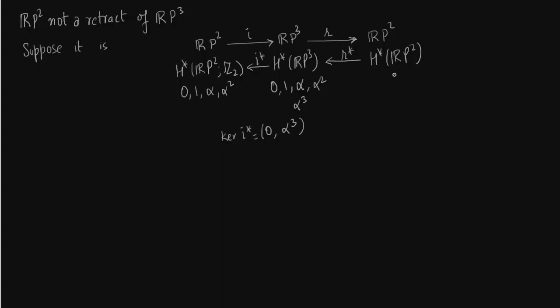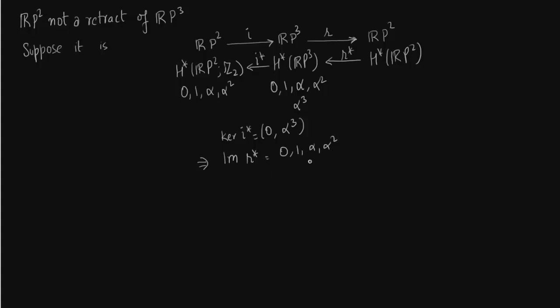Now you can see if the kernel of I star is there, what is the image of H star RP2? Now the image has to be only 1, alpha and alpha square. Yeah, so this is the image.